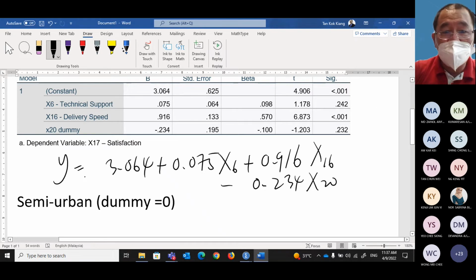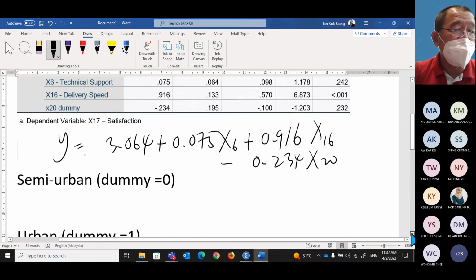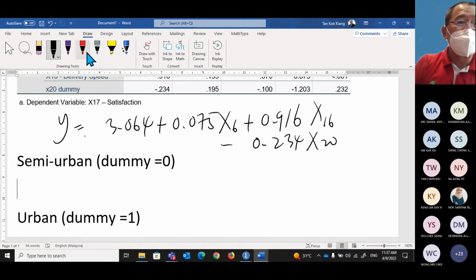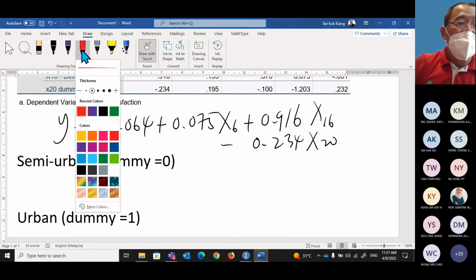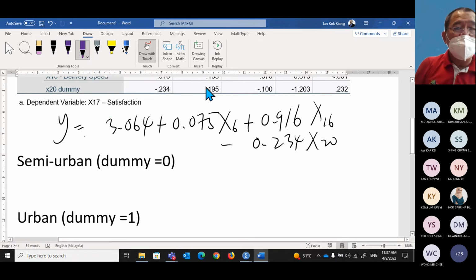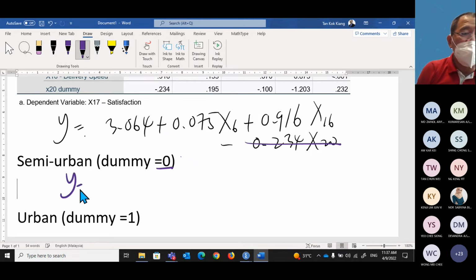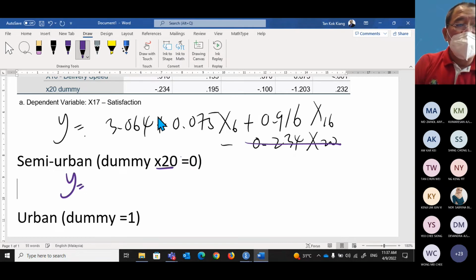If no problem, now we see the difference between the semi-urban and the urban. For semi-urban, the dummy is 0, so this term is 0. Therefore, for semi-urban, x20 is 0.